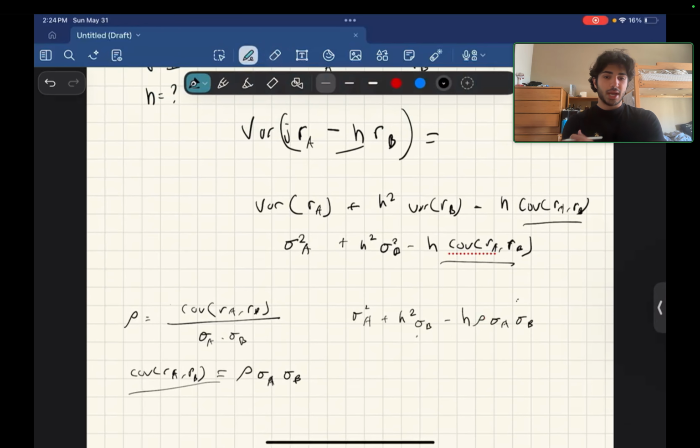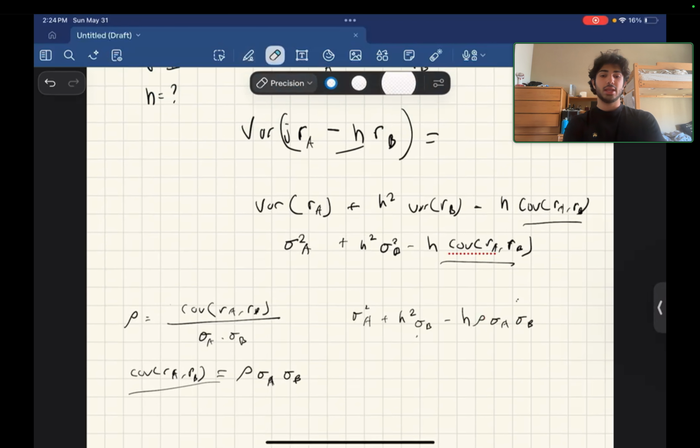We want to minimize over H, and to do that, we take a derivative with respect to H and set it equal to 0, because to find minima or maxima, we take derivatives. The standard deviations, rho, and variances are all constants.